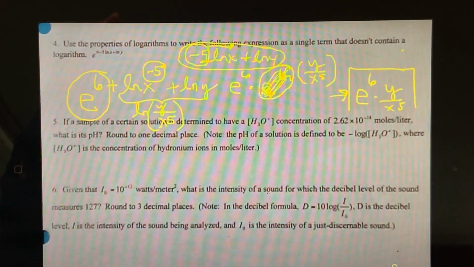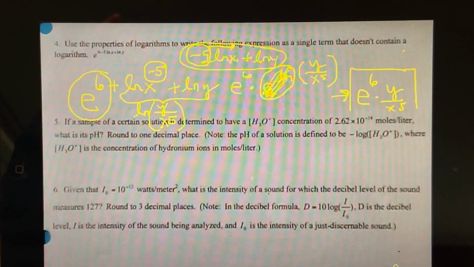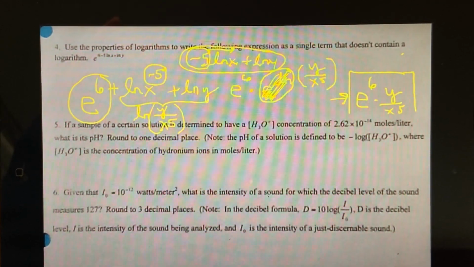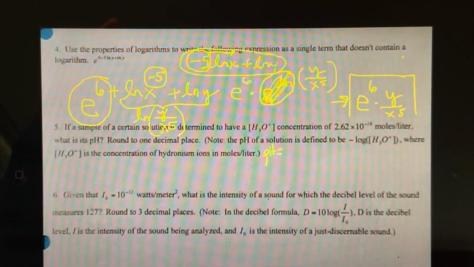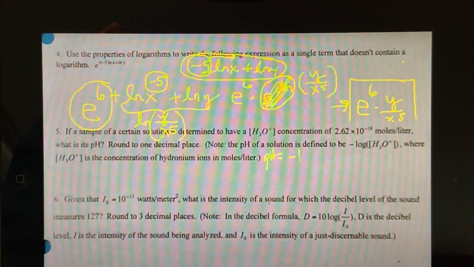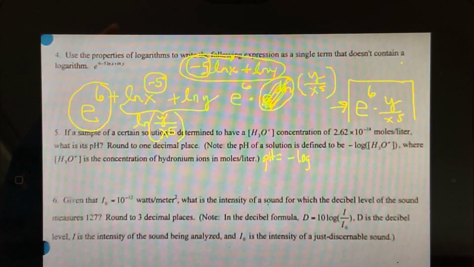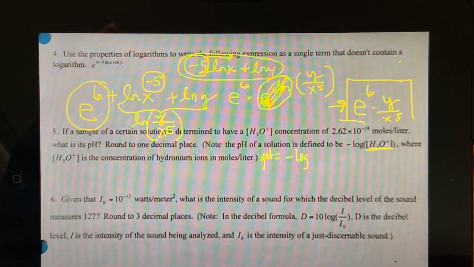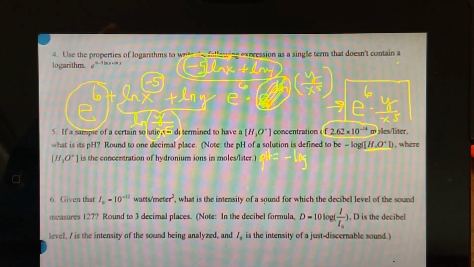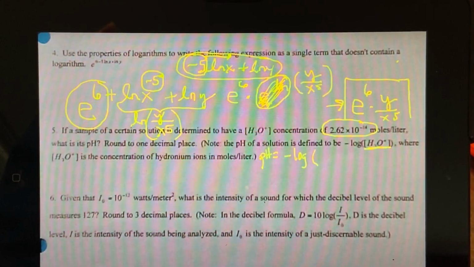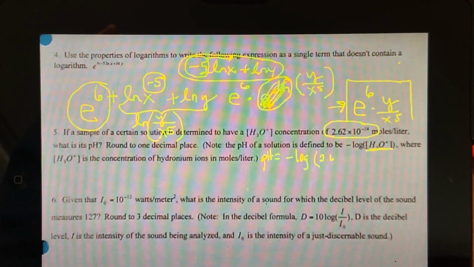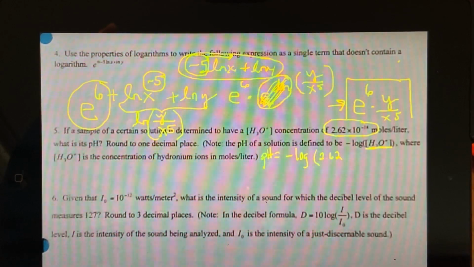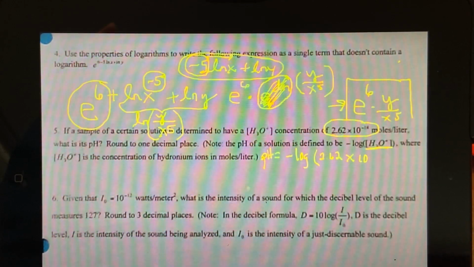So note that the pH of a solution is defined to be this little formula here. So I'm going to use this formula. pH is equal to the negative log, and then this guy right here is that thing right there. I'm just going to substitute it in. So 2.62 times 10 to the negative 14th.